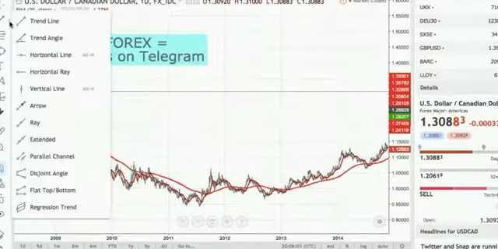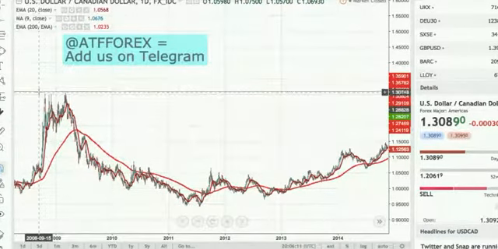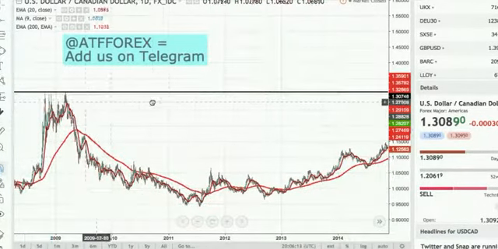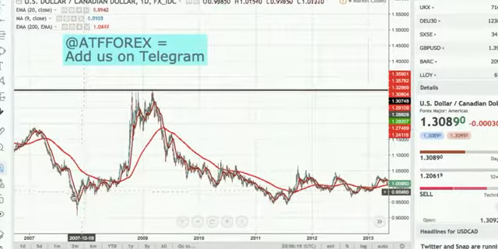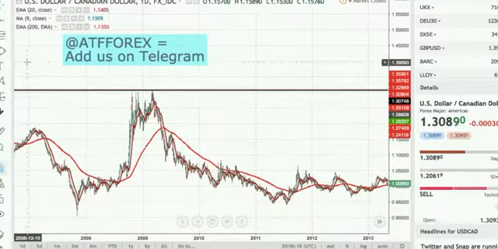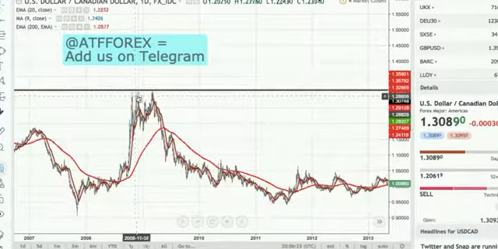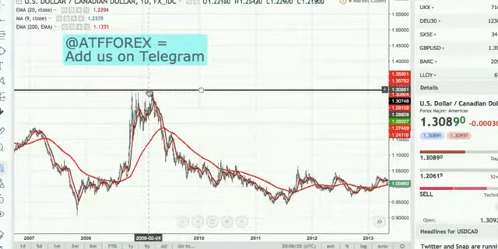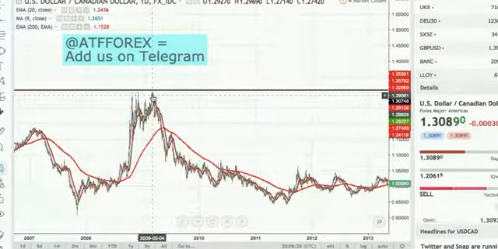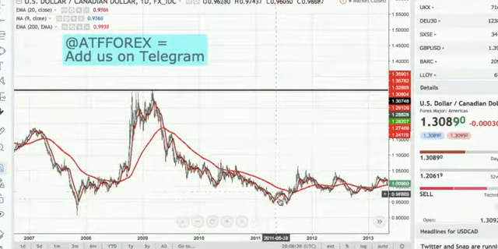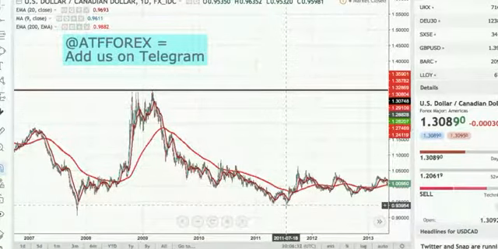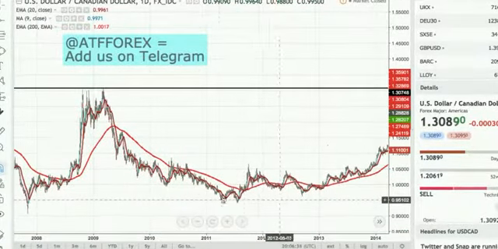So if we highlight this level right here, this key reversal level from back in 2009, we can see we've got 1.30, a major level where price rose up, got rejected over a few months in 2008, then eventually tumbled in 2009, sending price from 1.29 all the way under $1 versus the Canadian dollar.